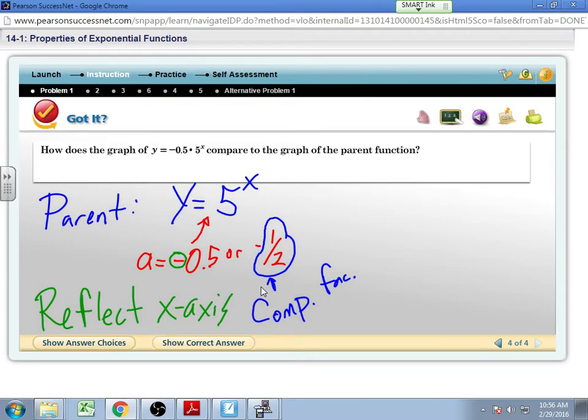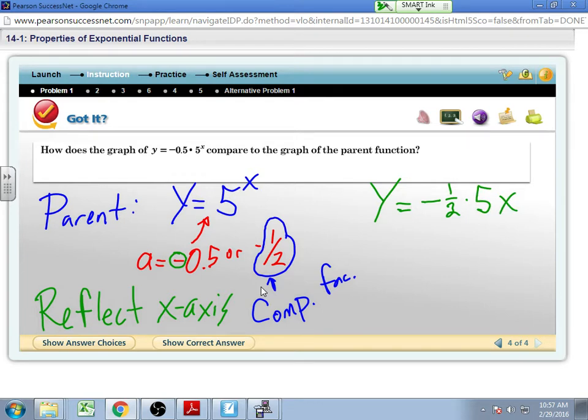So, if all I had was y equals negative 5 to the x, I would get the exact same exponential just flipped over the x-axis, but now we have y equals negative 1/2 times 5 to the x.